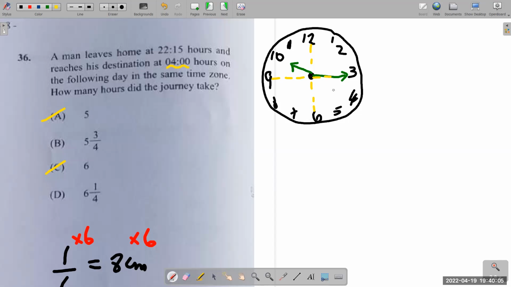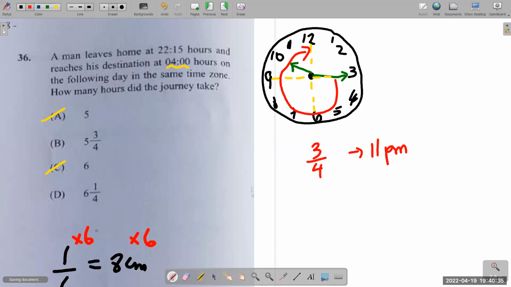For me to get a full hour, where does my clock have to spin to make it to 11 o'clock? If it is 10:15, it needs another 45 minutes to get to 11 o'clock. So that's 3/4 of an hour just to make it to 11.